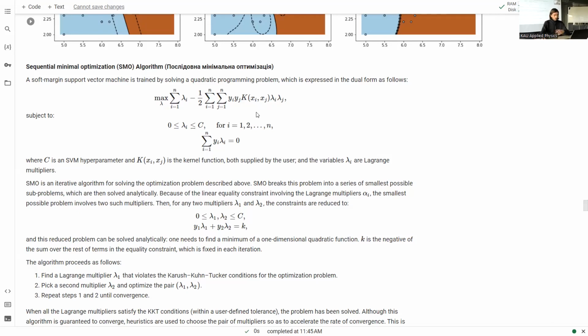You remember all those formulae that I wrote previously. The only difference is that I have substituted the scalar products between xi and xj by the kernel of xi and xj. So we had a scalar product, and now I'm substituting it with a kernel, because a kernel signifies a scalar product in some different space. That's pretty okay. And I need to find the maximum of this, subject to these constraints.